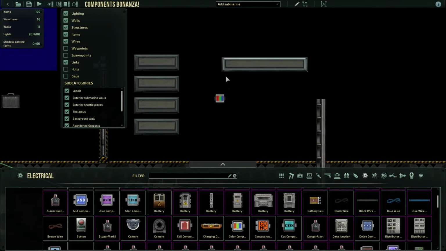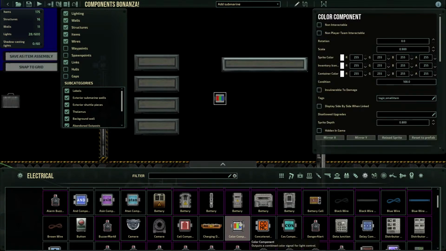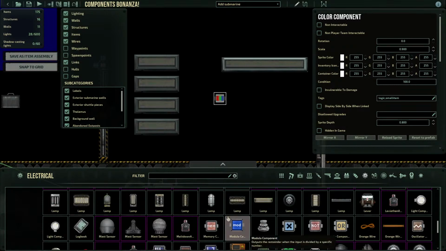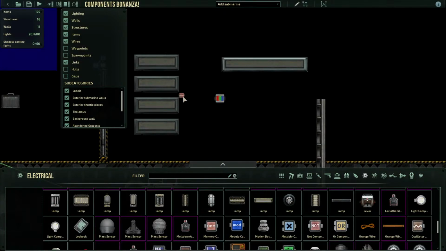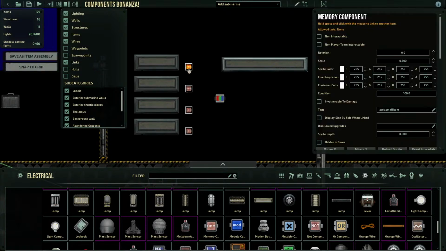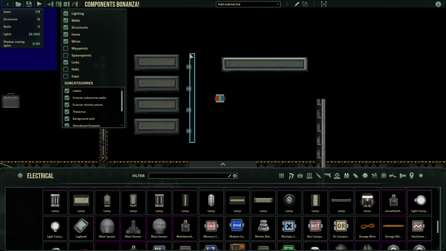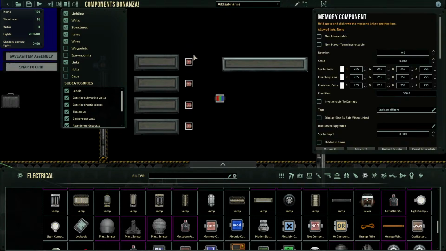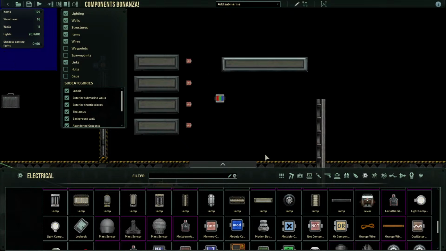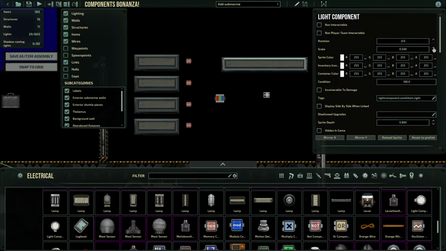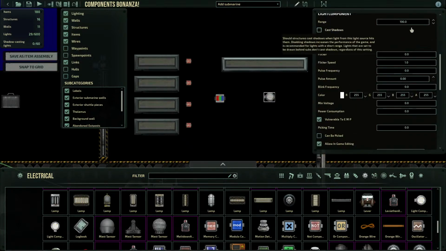All right. So what are we going to do? We're going to put memory blocks here. 1, 2, 3, 4. Make this 10.